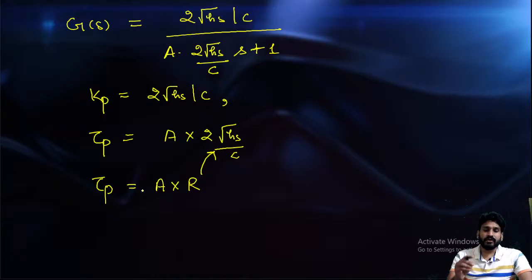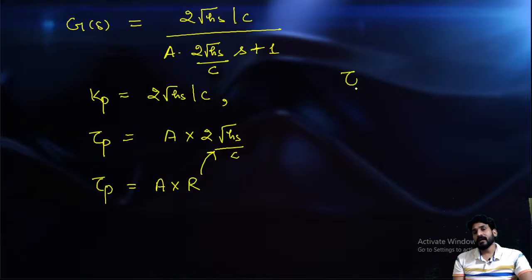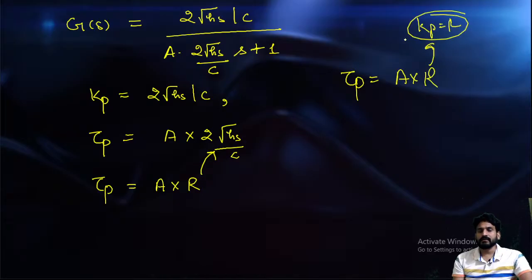Okay, so if you have the nonlinear valve, and if they ask you to find out the Kp and tau p, then you just have to remember this transfer function. You have to remember the value of Kp and tau p. Actually, there is no need to remember the value of tau p, because my tau p is nothing but A into R. My R is Kp, Kp is equal to R, we know that in the liquid level tank.